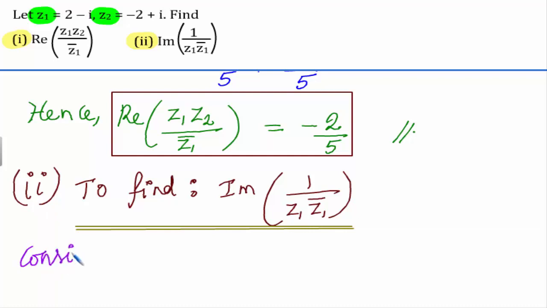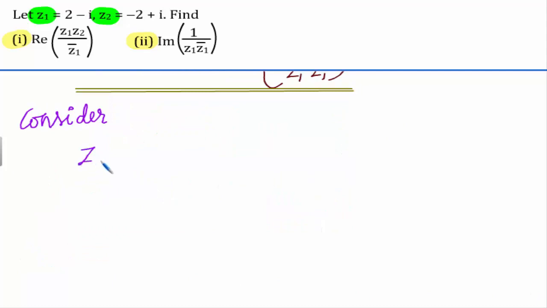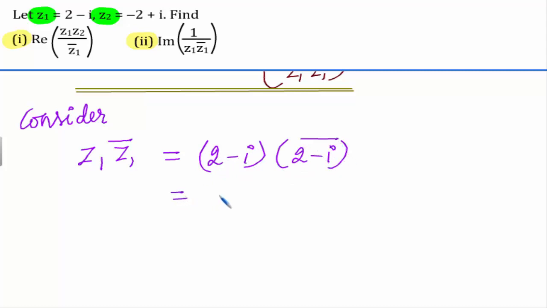So here we need to find the imaginary part of 1 upon Z1 multiplied by the conjugate of Z1. For that, first let us consider Z1 multiplied by the conjugate of Z1. So this will be equal to 2 minus i multiplied by the conjugate of 2 minus i, which is 2 minus i multiplied by 2 plus i.